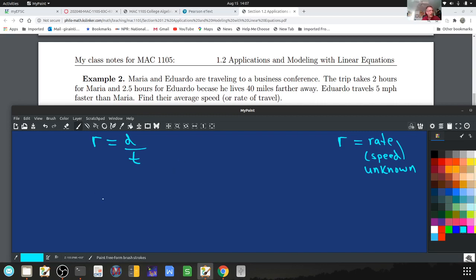So let's write out some data. Let's find out what I'm going to suggest that we do here. If you want, we'll just do it this way. Maria's time: the trip takes 2 hours for Maria.